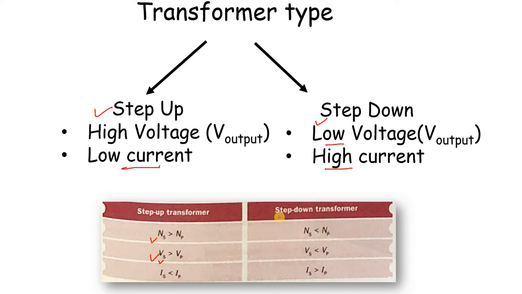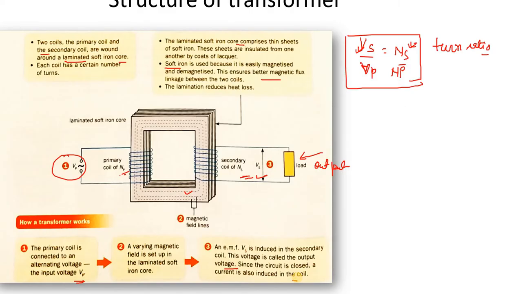And similarly in step down, just reverse this: if the primary voltage is more than the secondary, it means the number of turns will be more. And from where did we get this equation? Let's discuss this part now. What we know is that there's no loss in transferring the energy from this side to this side, from primary to secondary, right?